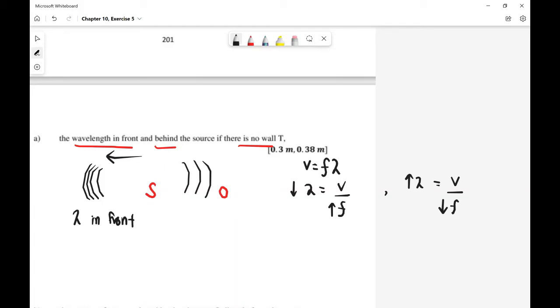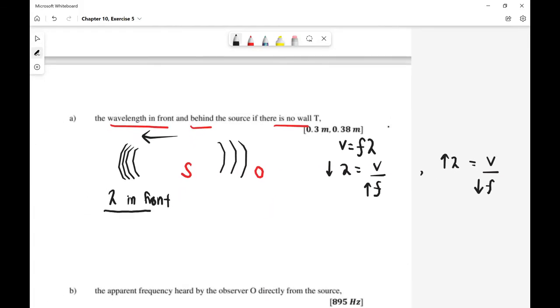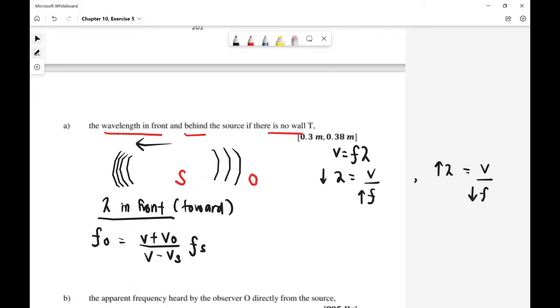formula frekuensi heard by the observer untuk moving toward. Moving toward. In front maksudnya source ni tengah moving toward lah. So dapatkan frekuensi dulu dan then boleh dapat lambda. So FO equals V plus VO over V minus VS times Fs.